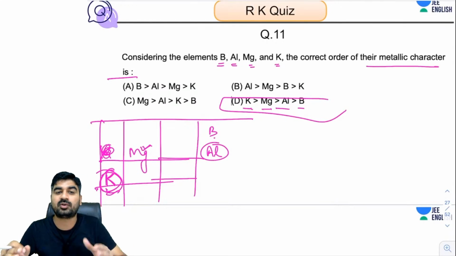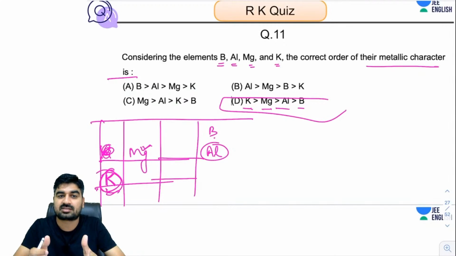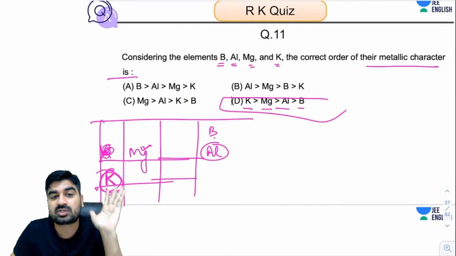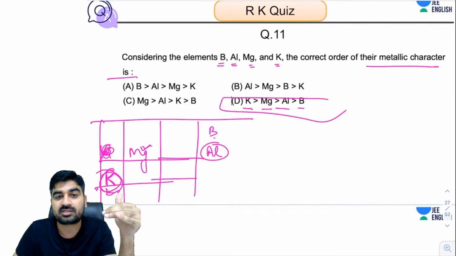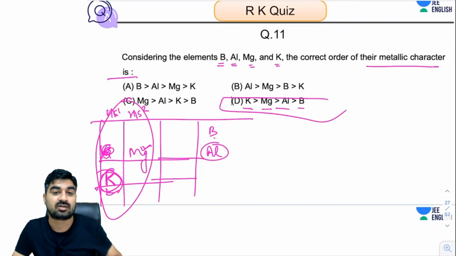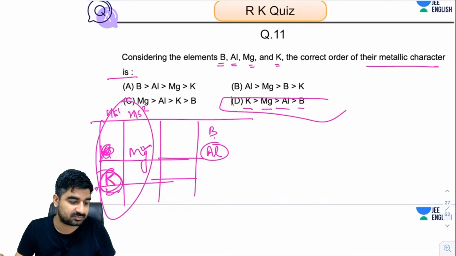And I told you that metallic character increases. What is metallic character? It basically represents the tendency to lose electrons. So for the NS group, these metals have the largest tendency to lose electrons. Hi Raghuram. So this was the concept behind it.